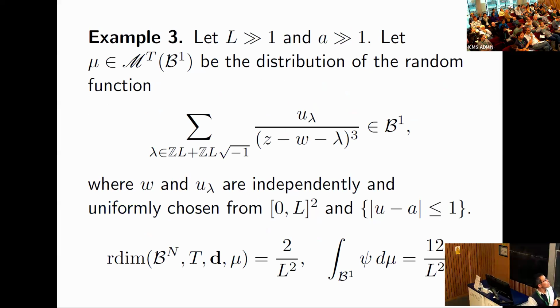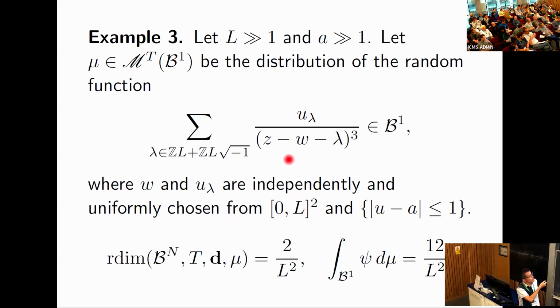And let's look at another example. Actually, this is the same as the previous example. So we take two parameters L and A, and let mu be the distribution of this random meromorphic function, where parameters W and u lambda are independently and uniformly chosen from this square and this unit disk.